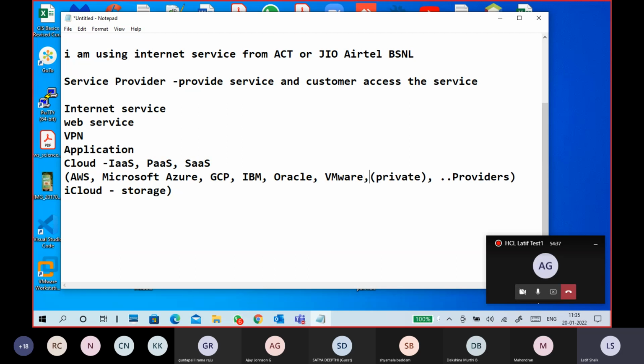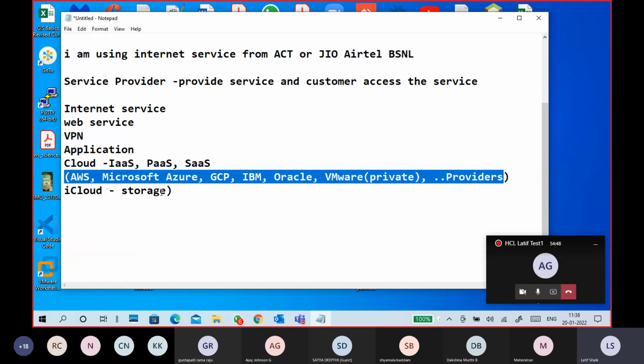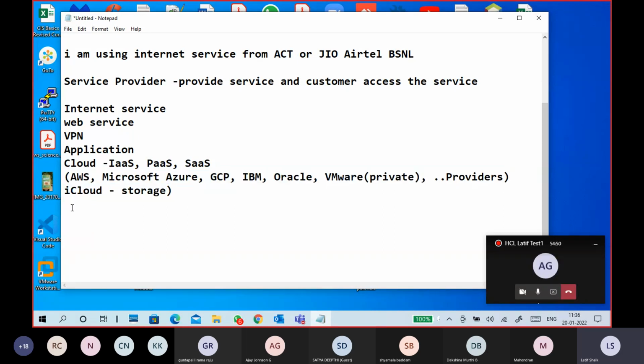VMware, OpenStack. These are applications. So you can create your own private cloud for that one. That is VMware related. But whatever it is, a service provider. iCloud is a storage. Google Drive is also a storage.